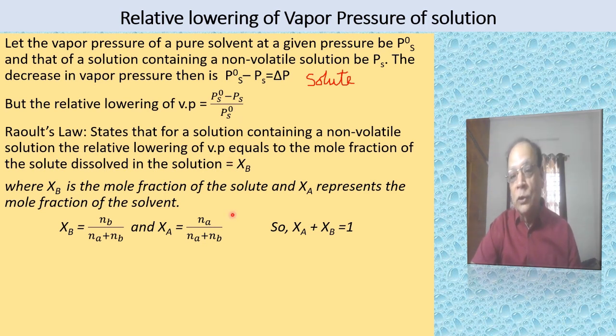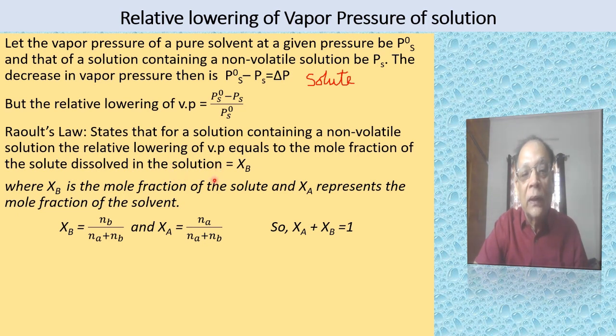Now Raoult's law comes into play here, and it states that for a solution containing a non-volatile solute, the relative lowering of vapor pressure equals the mole fraction of the solute dissolved in the solution. The mole fraction of solute is represented by this italic Greek letter X, with subscript B.